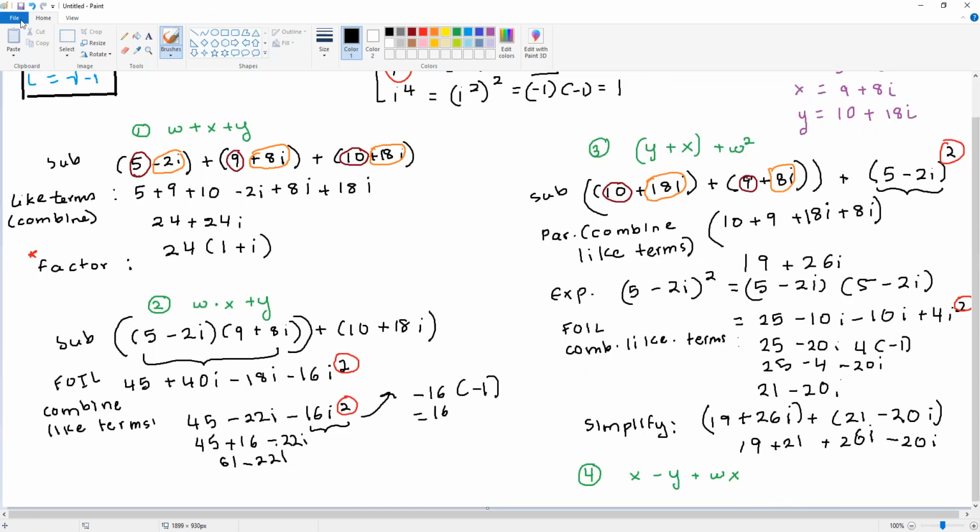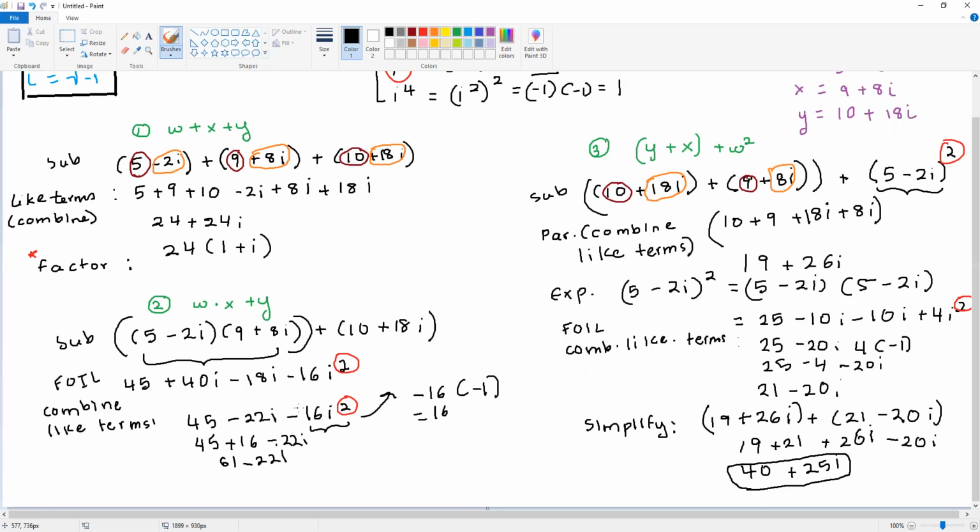And that is going to equal 40 plus 6i. So this is our solution for this problem.